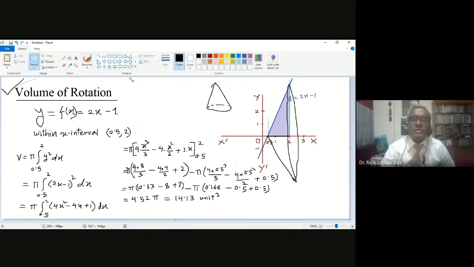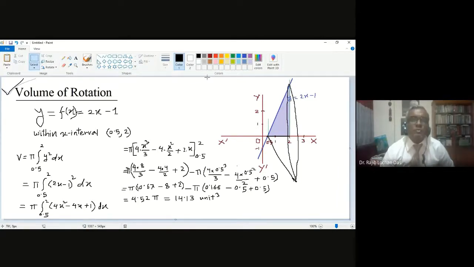So volume means what is the total space inside. Like a bottle, as I said, say one Coke bottle. How much water can be put into that bottle? That is the volume. That is how much space the bottle has.